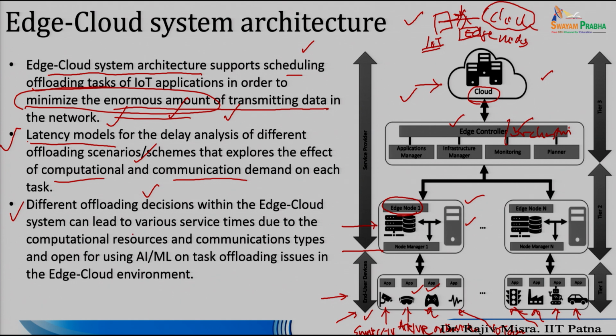So, within that, the cloud can lead to various service times due to the computational resource requirement, and this particular framework which we are going to discuss today can be automated further with the help of intelligence, that is AI and ML, on the task offloading issues, which is the point of discussion in the further classes.